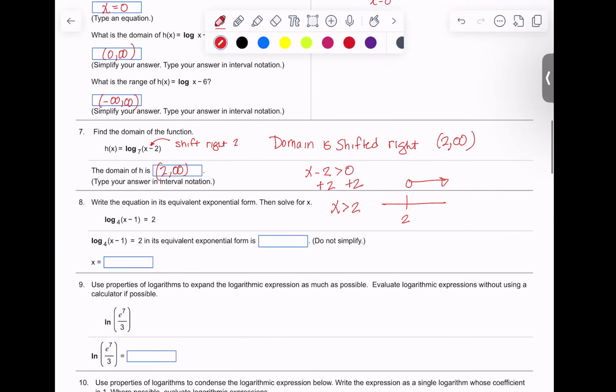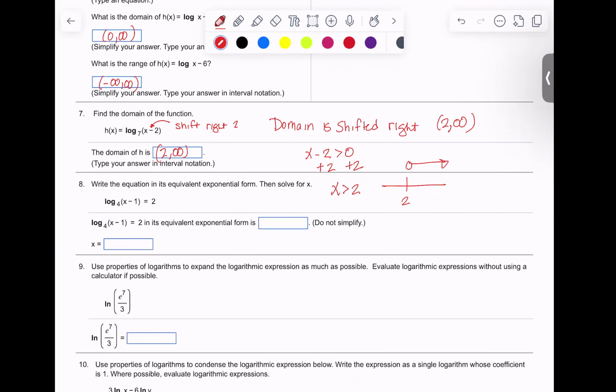All right, write the equation in exponential form, then solve. All right, so what do we have here? My base is 4. That's my base. I'm raising that to the second power. Whatever the logarithm is equal to is your exponent.